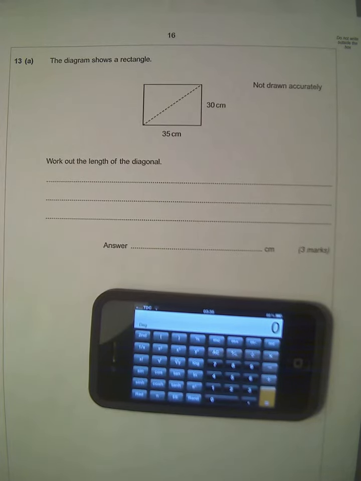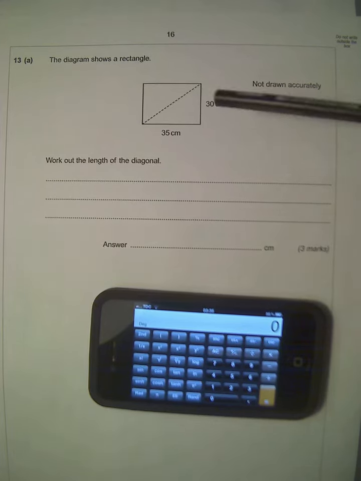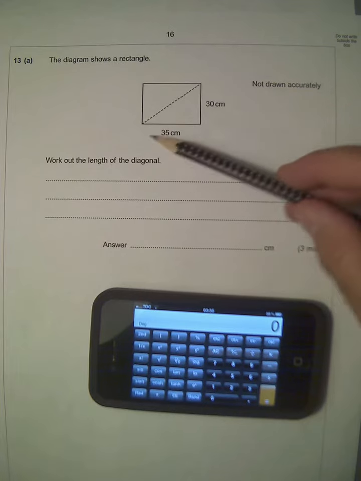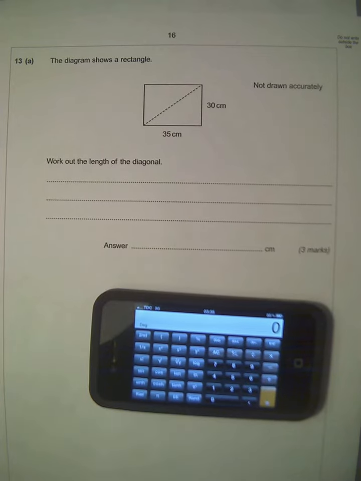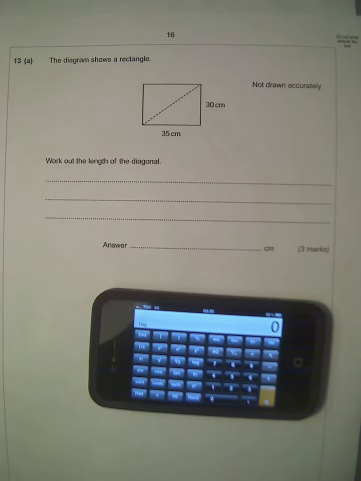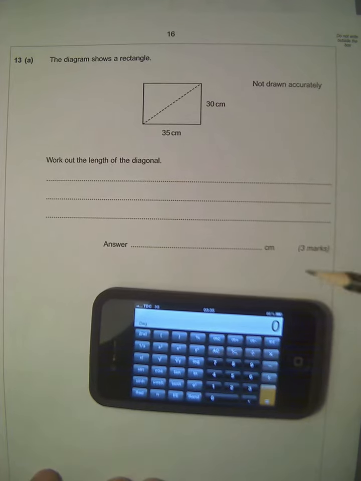Okay, so I've got my calculator now, and the next question is from November 2012. We've got a right-angled triangle. It's hidden within something else. But again, as soon as we see the right-angled triangle, we're thinking Pythagoras or maybe trigonometry. This is Pythagoras because there's no angles involved.